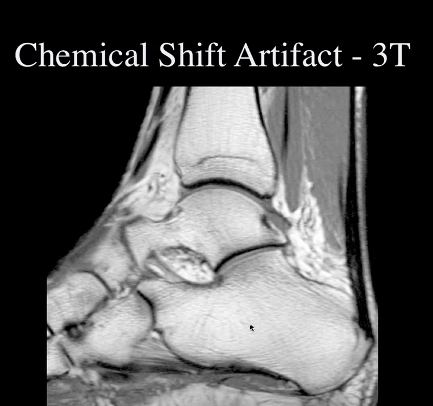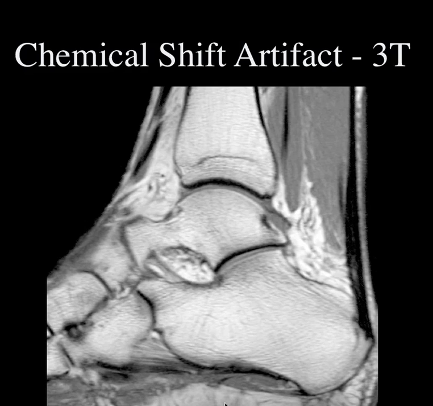Fat has these big molecules with all these shielding electrons. So the fat nuclei are going to resonate at a lower frequency. So they're going to be shifted into the low frequency direction. And here, the fat is shifted upward with respect to the water tissues like articular cartilage here or muscle. So the low field direction is superiorly, the high field direction is inferiorly placed.